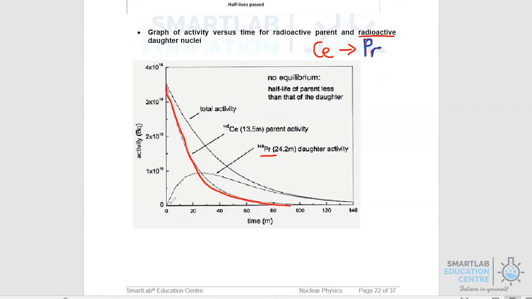That would have been different because it will no longer just be increasing. As the total number of radioactive daughter nuclei increases, it also means that they would undergo further disintegration.